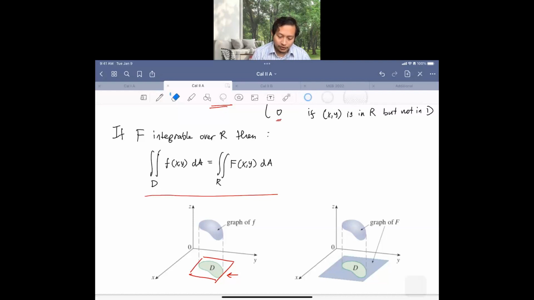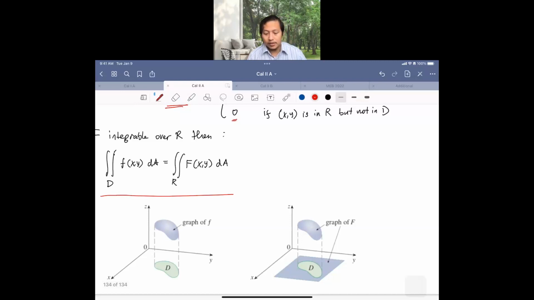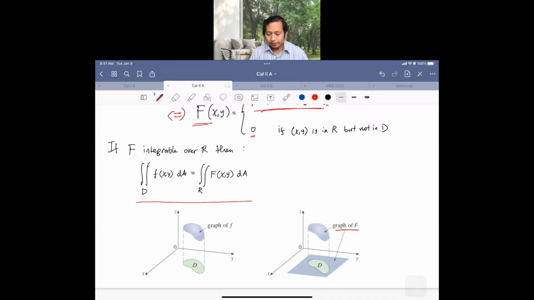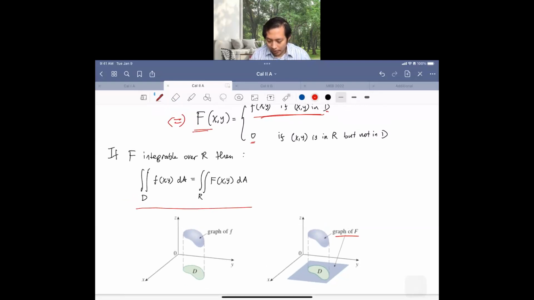So to help us define this D, we can take another approach, that is the graph of f, and we are just focusing on D. And we have this as the area of R to help us calculate. The area of R outside D turns out to be 0, right? Because there is nothing above them.